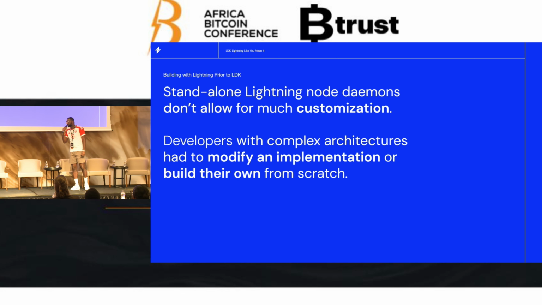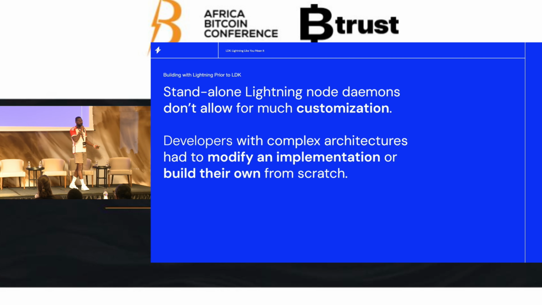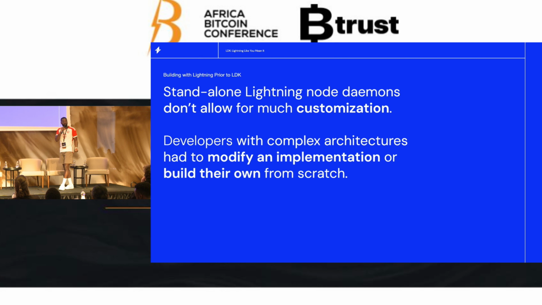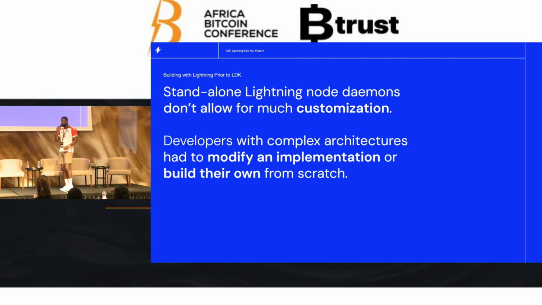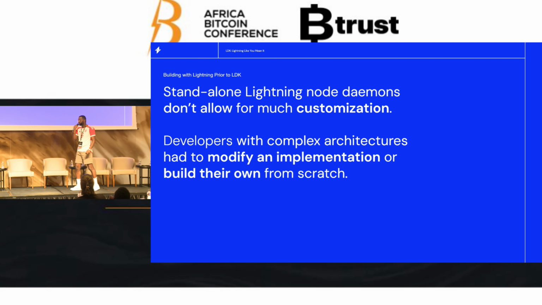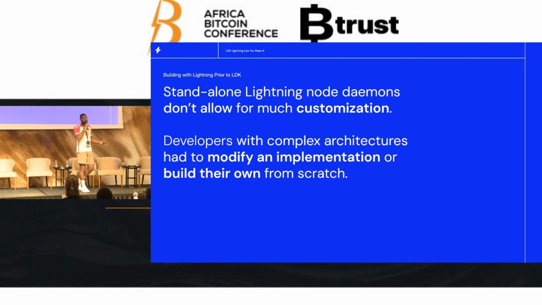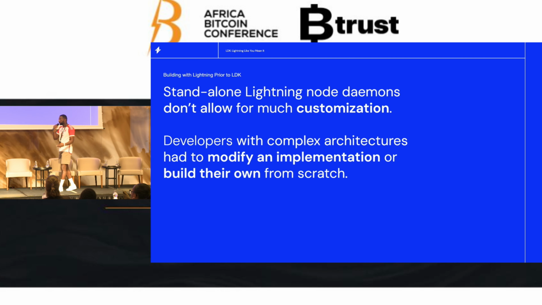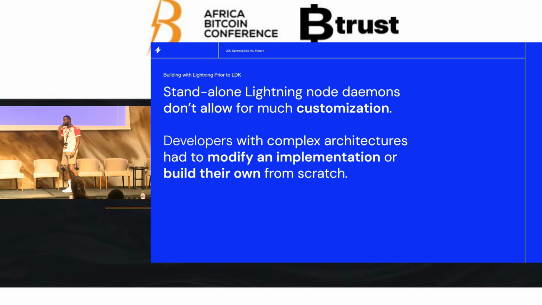They're designed to run as standalone binaries, and they don't come with a lot of ability for customization. So you'd run it on some kind of beefy server, and you'd get access to the Lightning Network that way. You're just running software ultimately. You don't have the ability to change it very much.